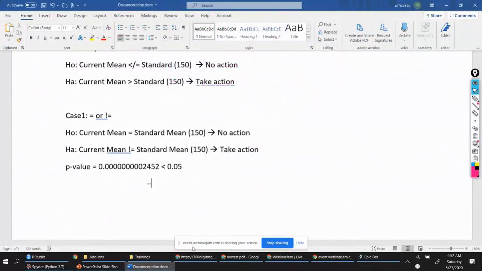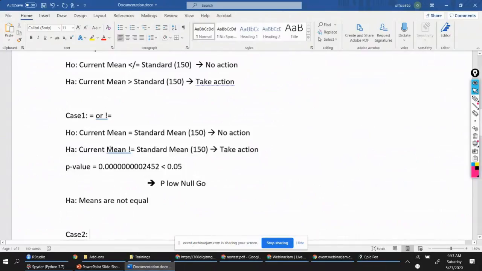And if this is the condition, we say P low, null go, which basically means reject the null hypothesis. The alternate hypothesis says means are not equal. So we go with case 2.